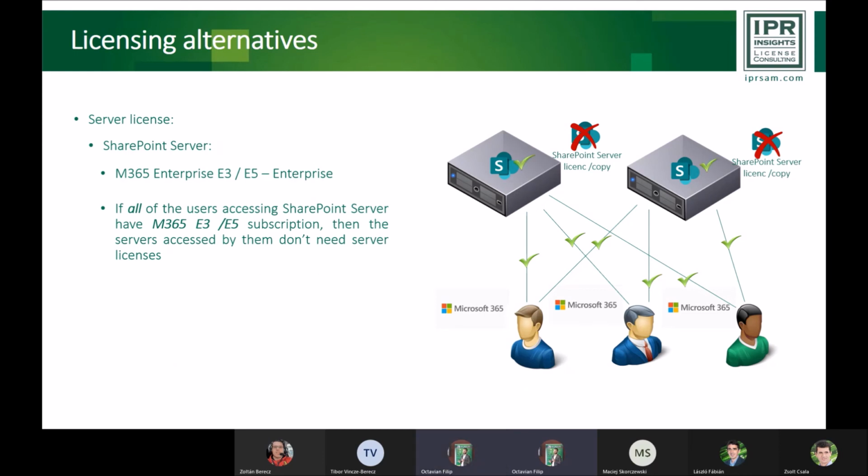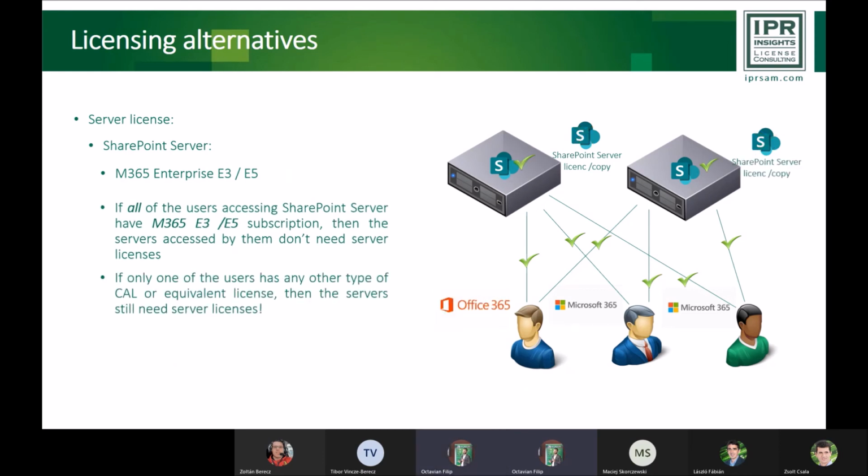Okay. If only one of the users has any type of other client access license, so besides M365 E3 or E5, then the servers still need to get server licenses.